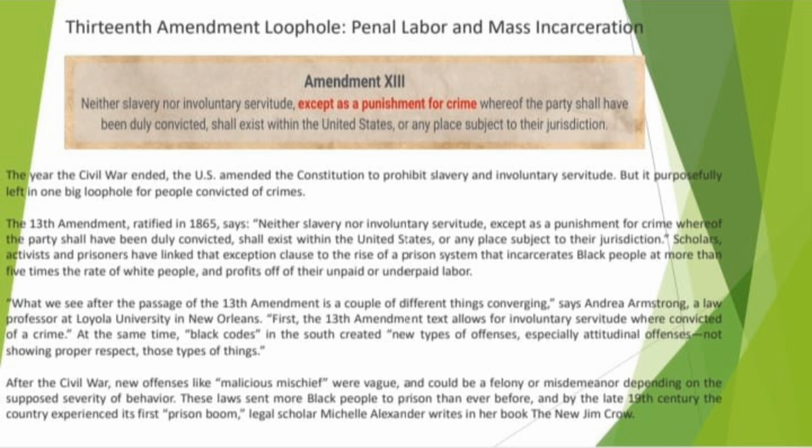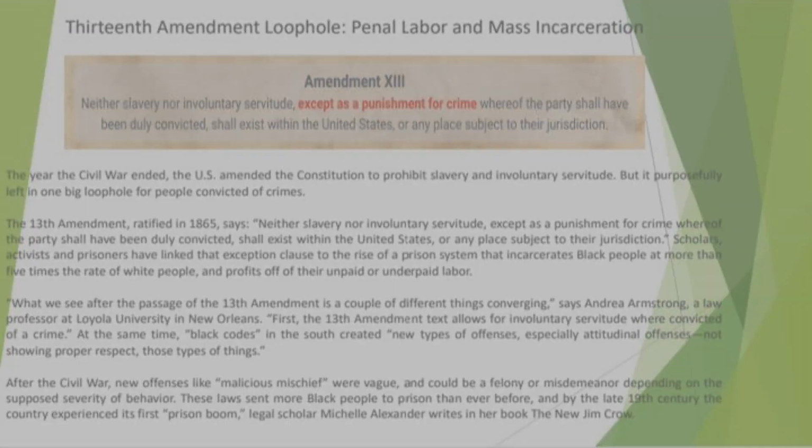These laws sent more black people to prisons than ever before, and by the late 19th century, the country experienced its first prison boom.